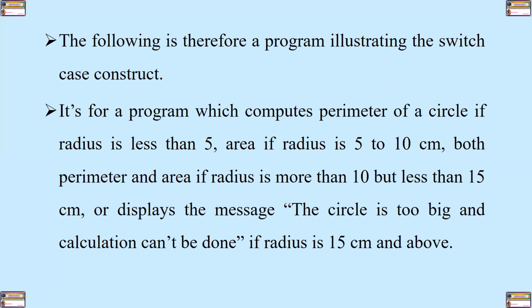It is for a program just like the one for nested if that we have looked into. It computes the perimeter of a circle if radius is less than 5, area if radius is between 5 and 10, both the perimeter and the area if radius is more than 10 but less than 15, or it displays the message that the circle is too big and the calculation can't be done if radius is more than 15.